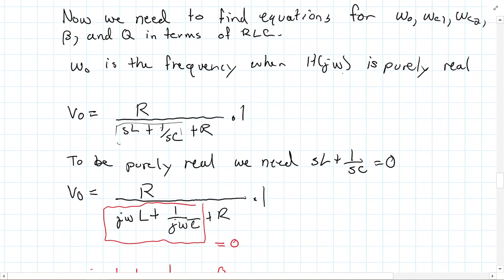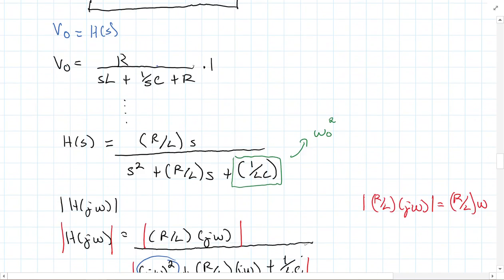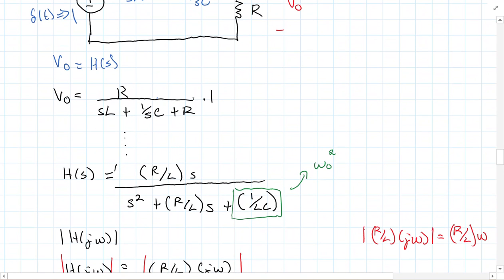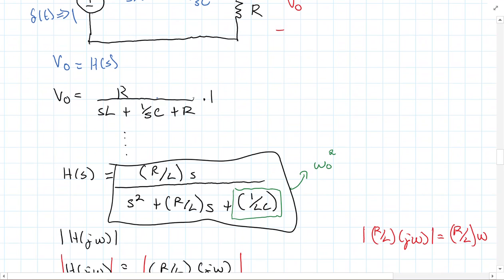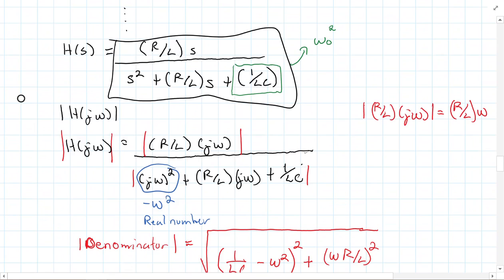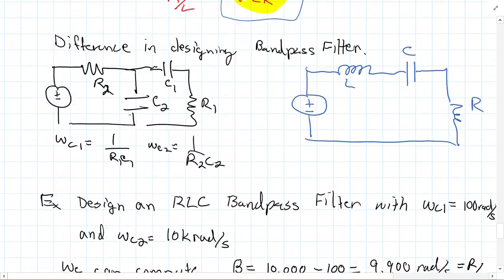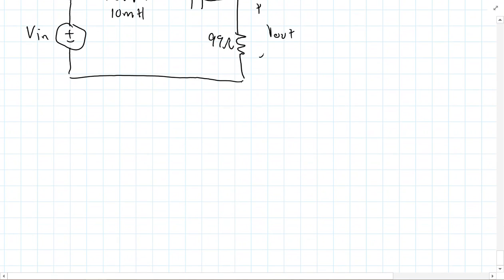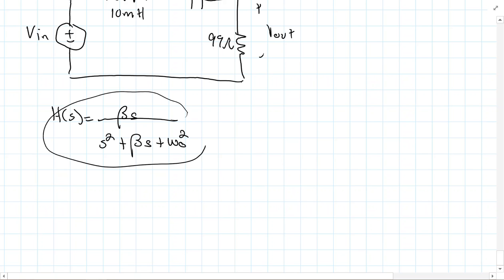And one final thing I want to point out to you here. Look at this transfer function. It turns out that the transfer function is equal to beta times S over S squared plus beta times S plus omega naught squared. And again, why is it important to recognize this?